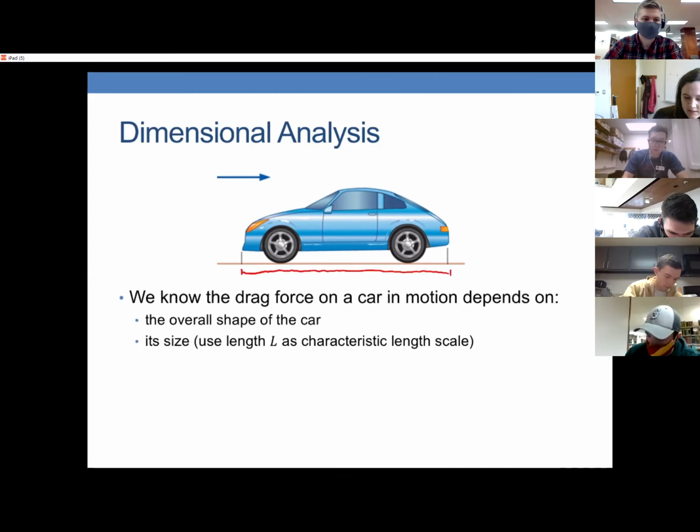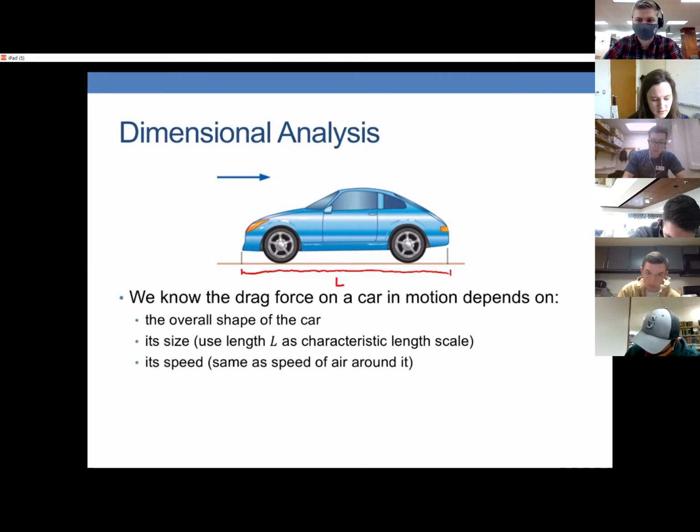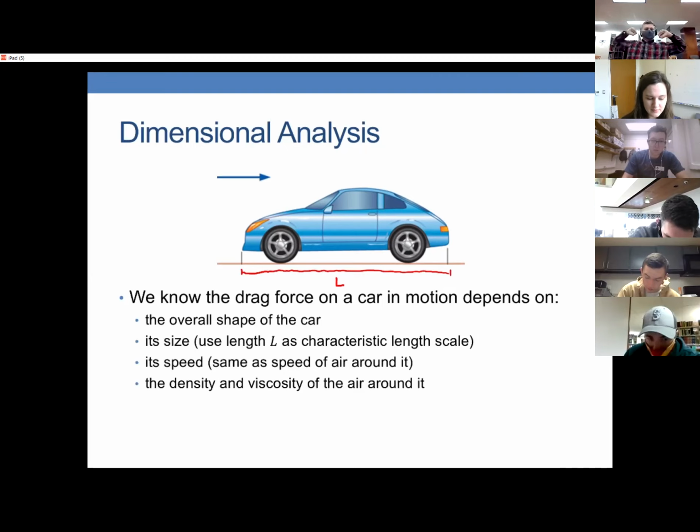So we pick a length scale that just says, in general, this is the size of the car. Its speed, which is the speed of the car and the speed of the air around the car relative to each other are the same. And the density and viscosity of the air around it, because the density and the viscosity of a fluid is going to influence how much drag it creates as you're trying to go through it.